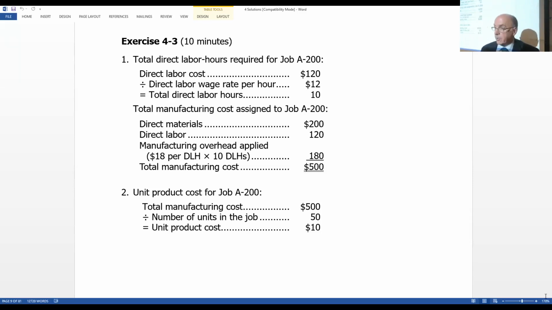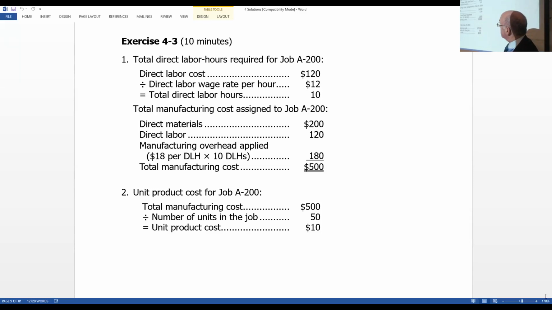Well, that would be direct material plus direct labor plus manufacturing overhead. So what do we have? We have the direct labor cost, 120, and the hourly rate is 12. So how many labor hours did it take? 10, right? $120 divided by $12, 10 direct labor hours. The total manufacturing cost assigned would be those 3 manufacturing costs: direct material, direct labor, and overhead.